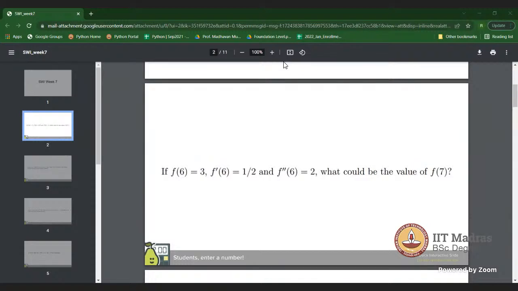So try to solve it. I'll give you like 3 or 4 minutes to solve it. And after that, we'll look at the solution. I know it's easy, but still, you can just try and start solving it.